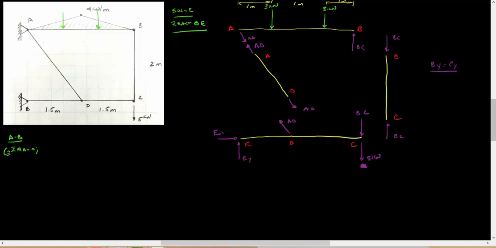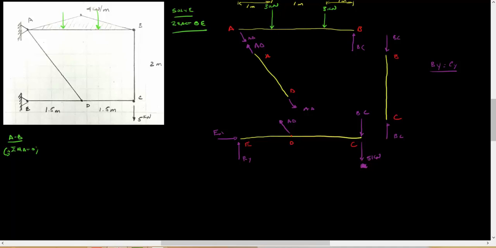Once I get BC, I can transfer it by looking at member BC, and it's going to be the same down here, going in a downward direction. Then I can come over here and look at EDC, sum my moment about point E, and I will be able to get AD. Then I'll be able to sum my forces in the X and Y along EDC, and I would be able to get my reaction forces there.